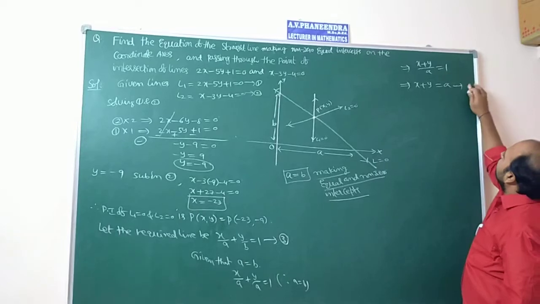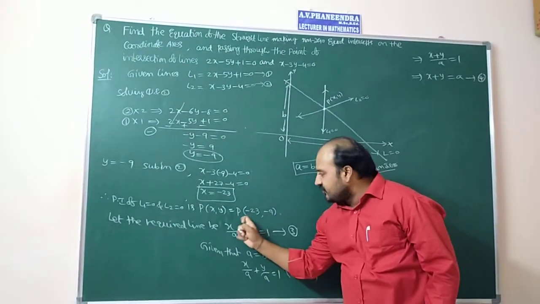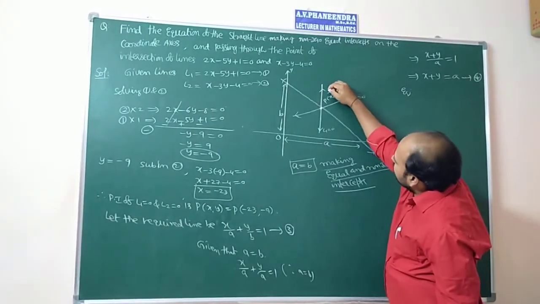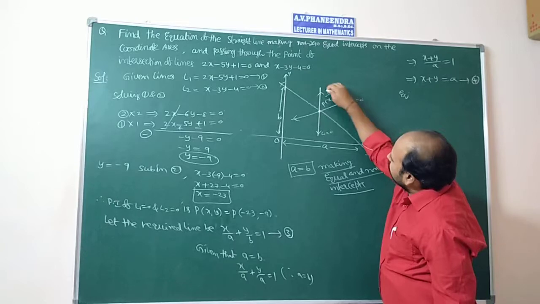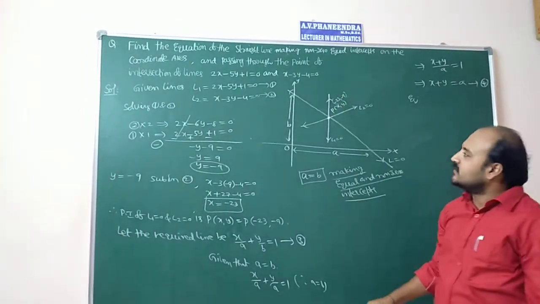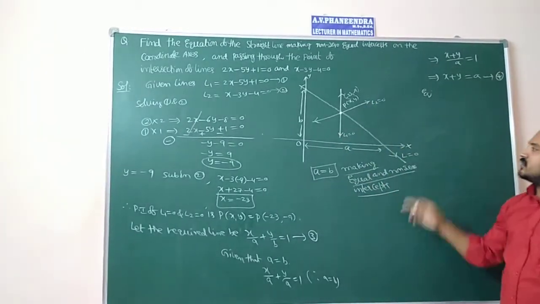This equation 4 you can take is passing through which point? Point of intersection of this one. Here the point is minus 23 comma minus 9. But minus 23 minus 9 is exactly in the third quadrant. This is the rough diagram.